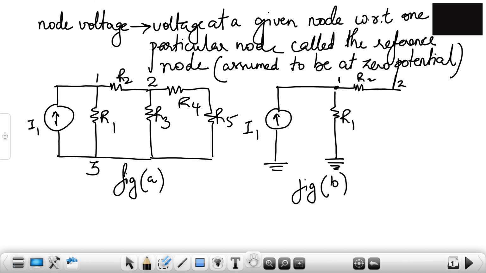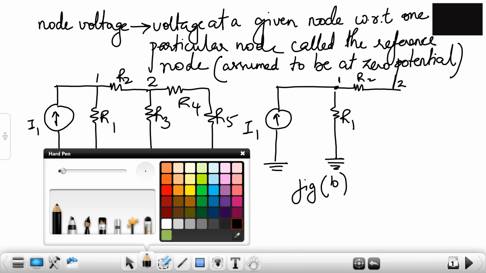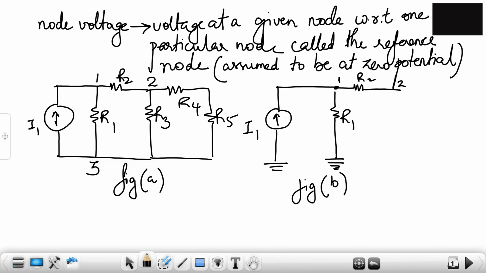Okay, before that let's show the direction of current. The current is entering this node and leaving from the other nodes. So this current I1 is entering and then at the node it gets split into two parts through R2 and R1.